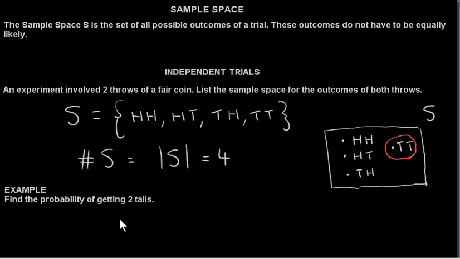So let's call the event TT, and we want the probability of it. We put the number of elements in the event, as we saw in the last video, over the total number of elements in the universal set, or S in this case, which is 4. So the answer is 1/4.